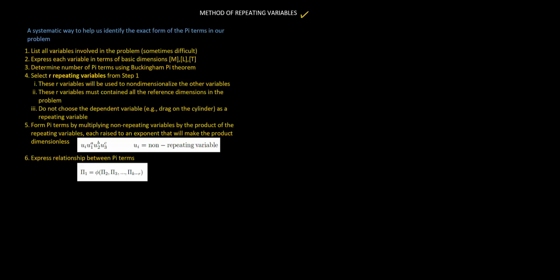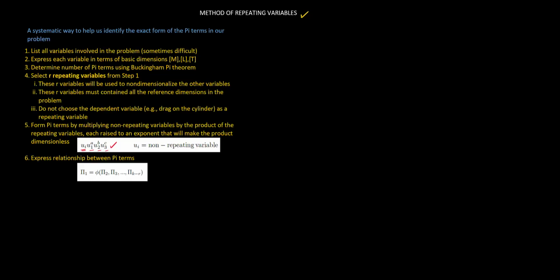Then, once we've done that, we form pi terms by multiplying the non-repeating variables by the product of the repeating variables, each raised to an exponent that will make the product dimensionless. So I'm showing this over here. We have a non-repeating variable, u_i, which will be multiplied by, let's say we have 3 repeating variables, u1, u2, u3.